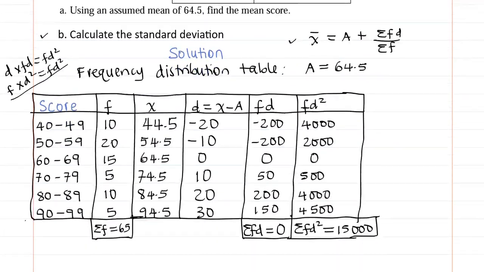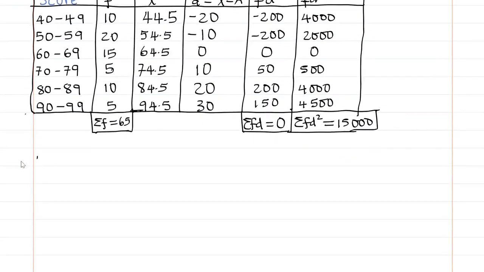to find the mean using assumed mean, that is our part A now. Our mean x bar using assumed mean is given by the assumed mean itself plus the summation of FD over the summation of F. And then we substitute.